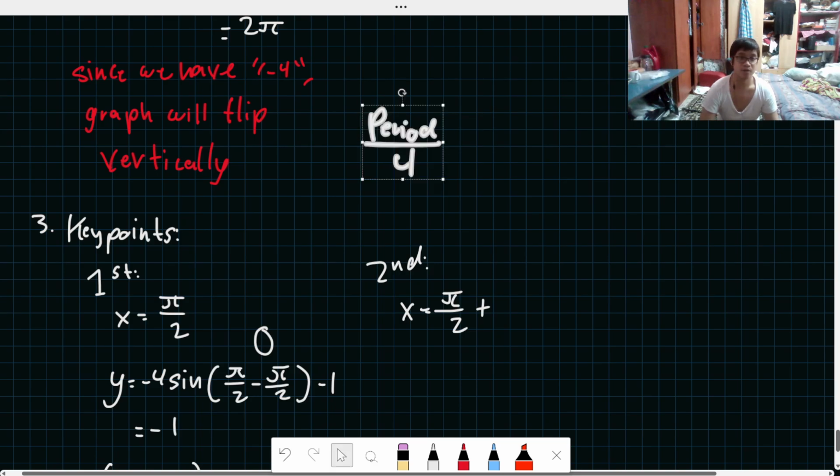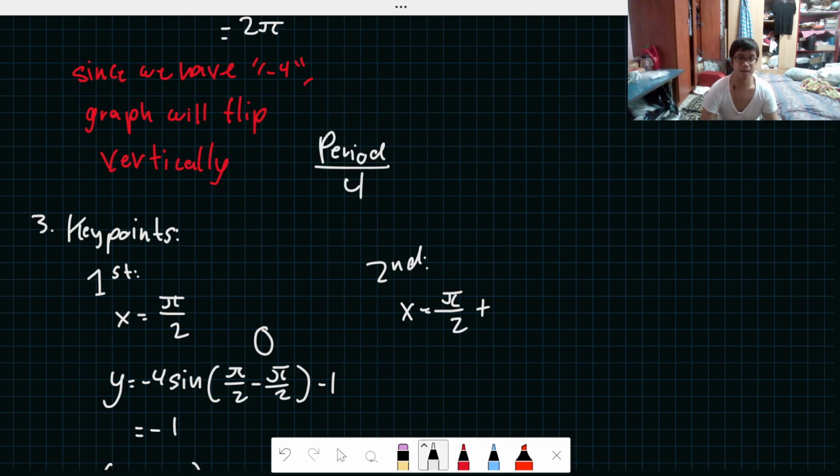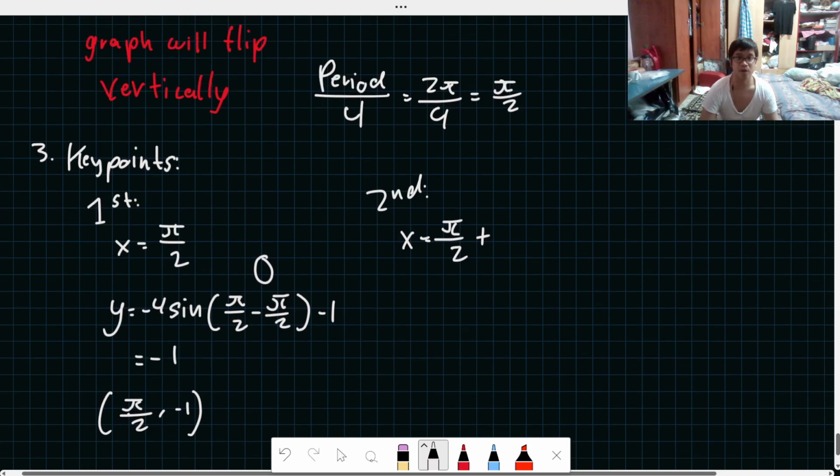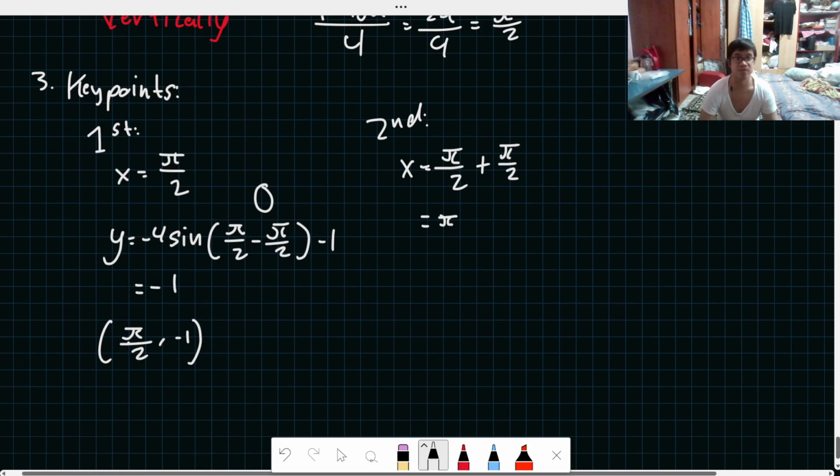Your period is still the same. It's 2 pi all over 4, so this is basically pi all over 2. Therefore, you're going to add pi all over 2 to pi all over 2. The result is pi, your x value.